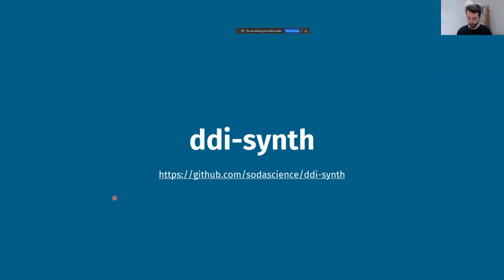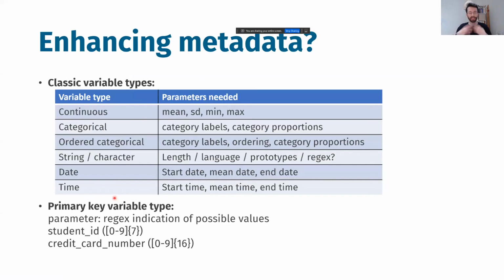It only works currently for continuous variables, and that's actually where I want to end on the kind of enhancing metadata. What would we need in order to make this better, right? To do more with this. And for me, from a statistics background, I think about variable types in the classic sense. They are actually related to these probability distributions that you choose for the variable type.